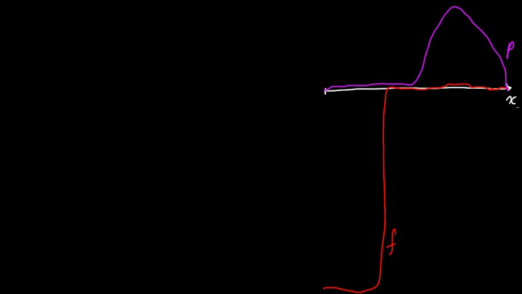Let's think about the Monte Carlo estimator here. With Monte Carlo, you're going to draw a bunch of samples from p, and you're going to get all these samples over here. Boom, boom, boom. You're averaging f of x_i.